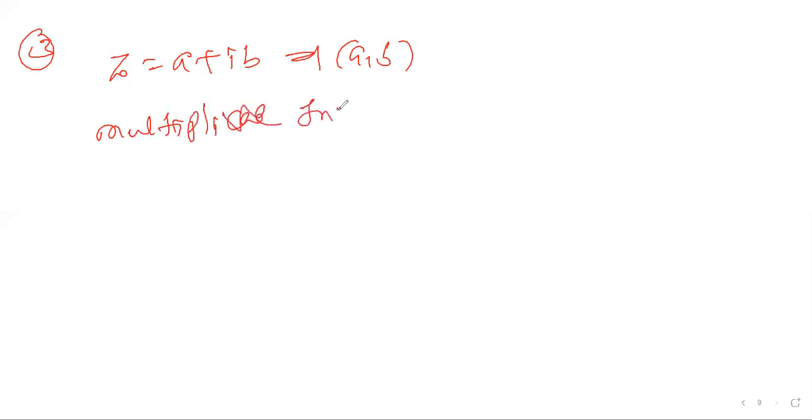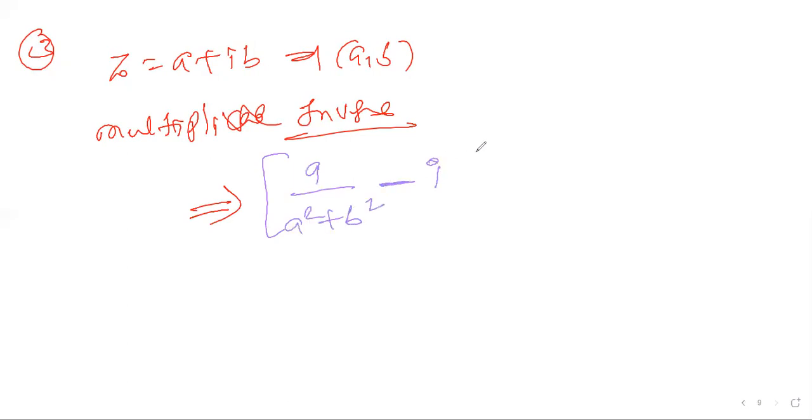The multiplicative inverse of a given number is a by a square plus b square minus i into b by a square plus b square. Okay, this is the formula.